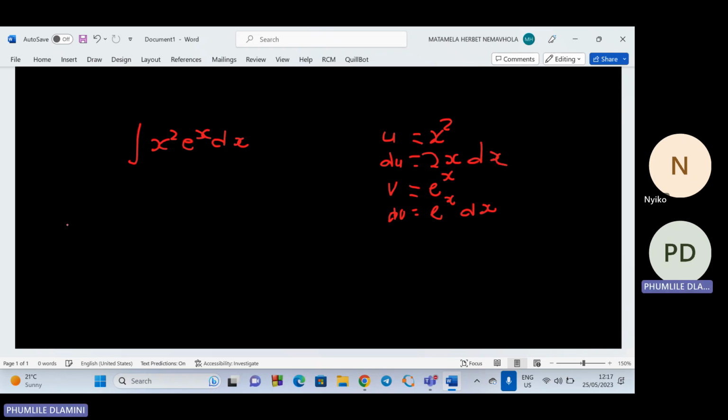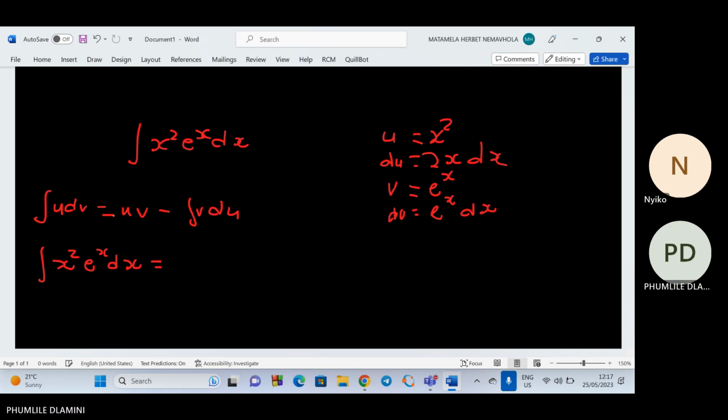So our formula says the integral of u dv equals uv minus the integral of v du. Then when we rewrite it, our u is x squared, dv is e to the power x dx, which is exactly that, as you can see.